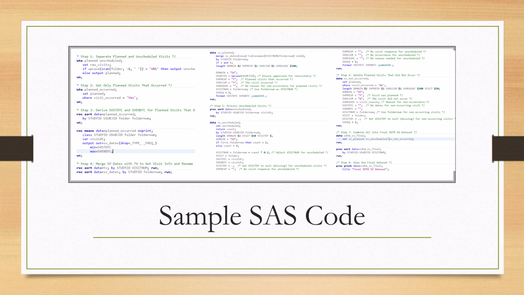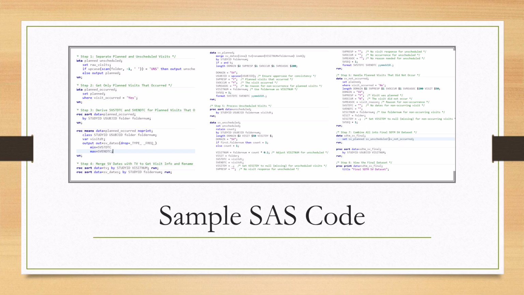Another question which might be asked, and which is also a very important interview question, is how you will generate the unscheduled VISITNUM for the records where the unscheduled visits have a partial date. What I'm saying is that a record for an unscheduled visit has the date of observation as a partial date. We do not have the complete information of day, month, and year, but either we have the information of month and year, or even only the year.